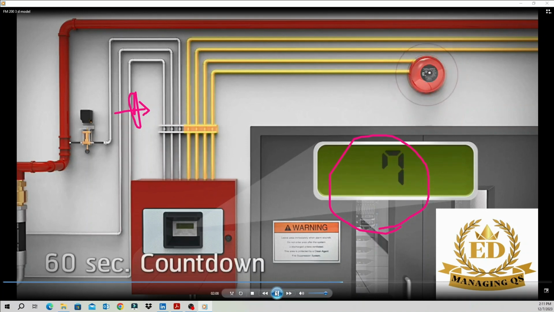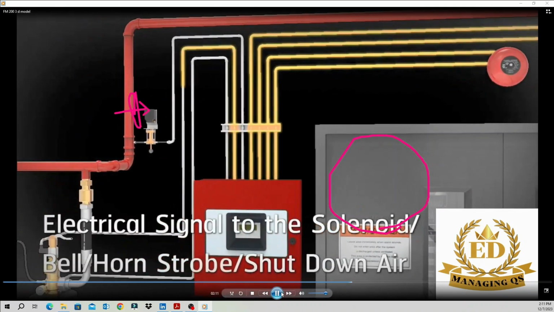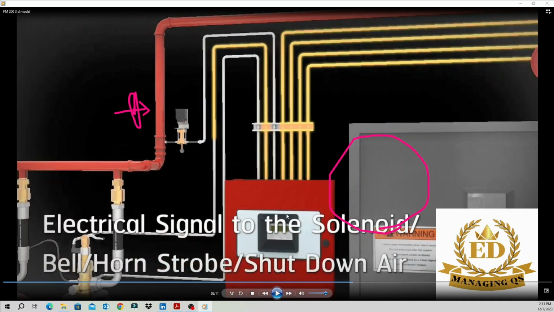Okay, right, if we assume the fire is a little bit higher, then there is no need to press this stop button. If the 60-second countdown is completed, then you can see the signal going from the control panel to the cylinder portion. Just imagine what's going on next.